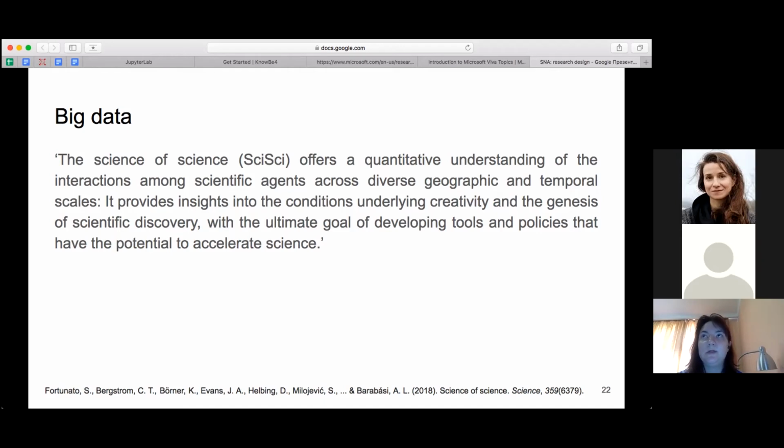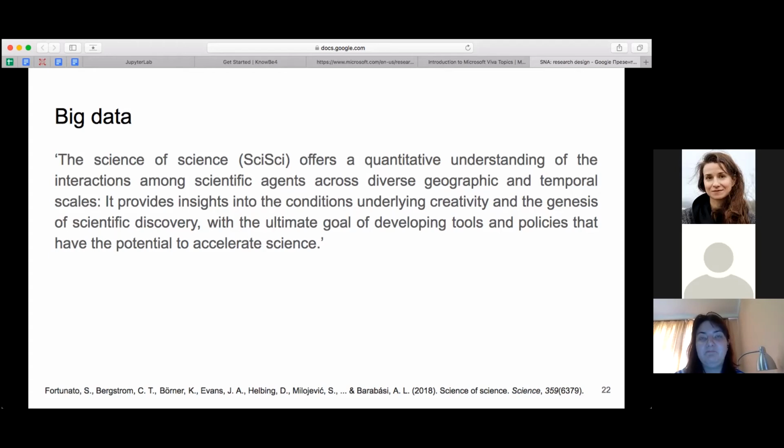If you attend IC2S2, one of the most famous computational social science conferences, actually a lot of studies are about the science of science, and you can also attend multiple workshops about it. The science of science offers a quantitative understanding of scientists, their work, their collaboration, their outcomes, and their discoveries.